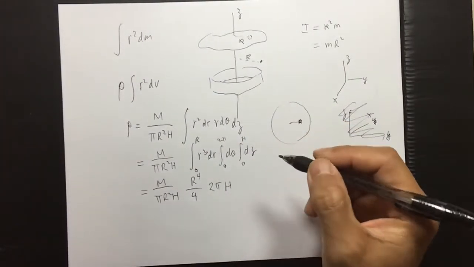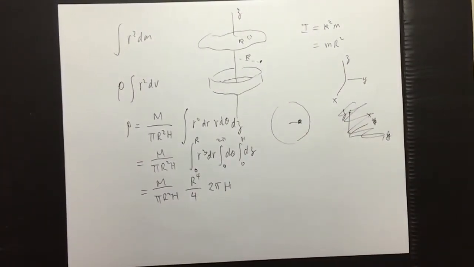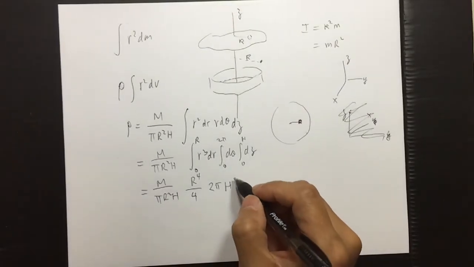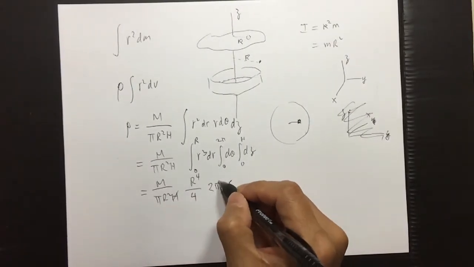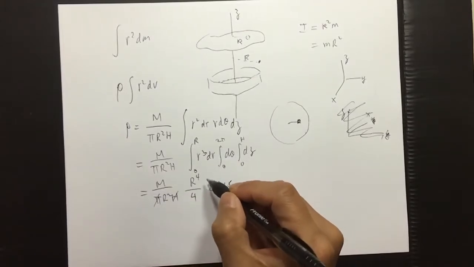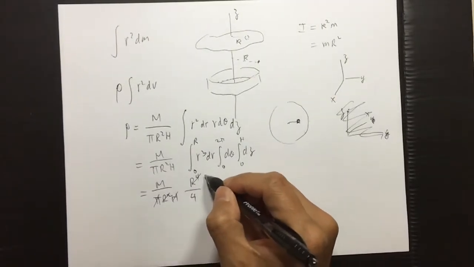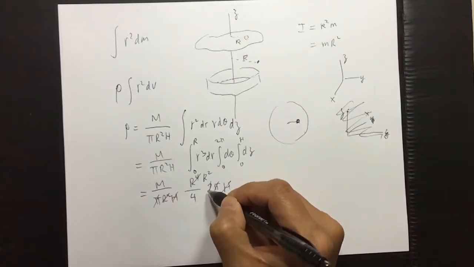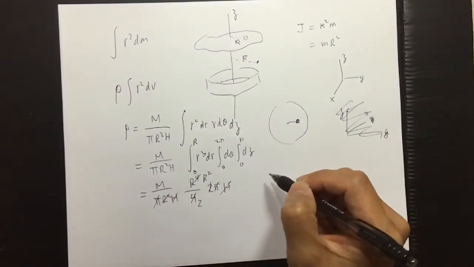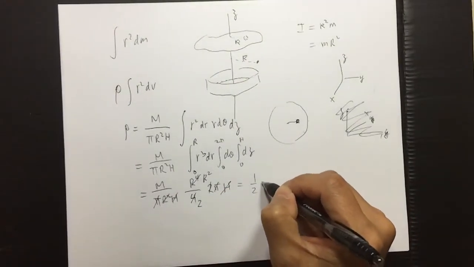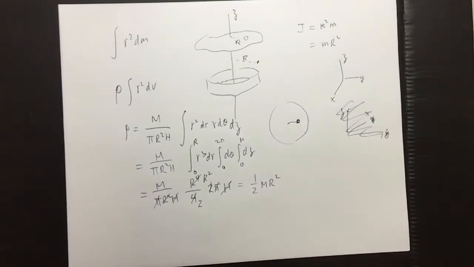Let's clean this up. The h cancels out, pi goes out, and two r's go out, so this is R squared over 2. So you have one half m R squared.